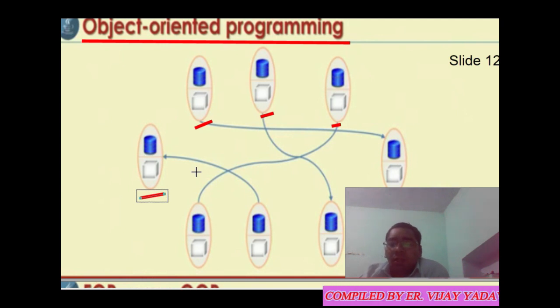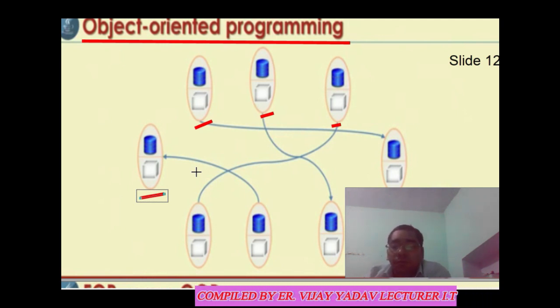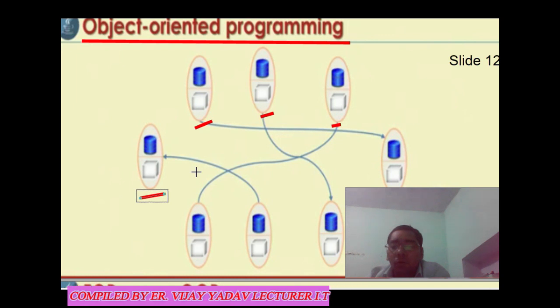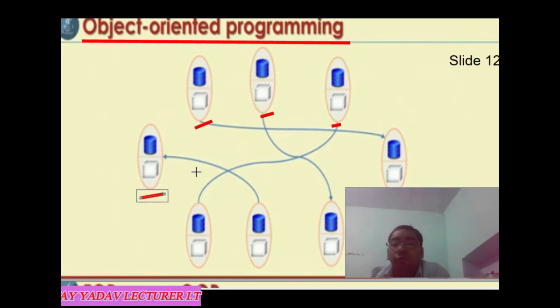So writing a program is nothing but writing a set of objects, whereas in function oriented programming we have to write a set of functions.